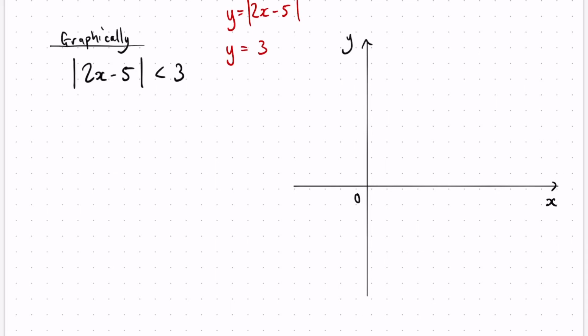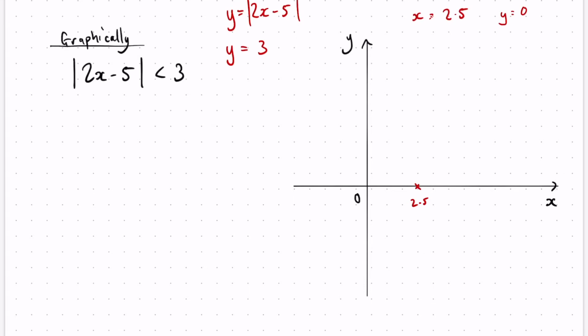So, what would the graph y equals modulus 2x minus 5 look like? If you watched my previous lesson, we looked at how to find the vertex point of this. The vertex of modulus 2x minus 5 will be at x is 2.5 and y equals 0. So here at 2.5.